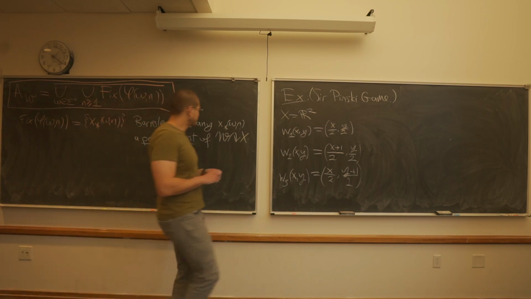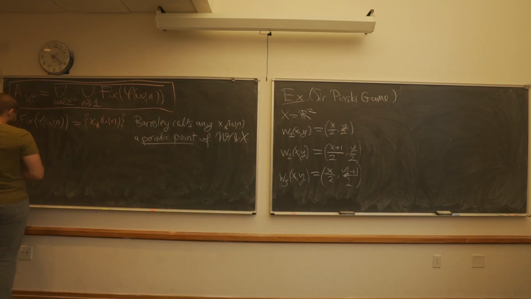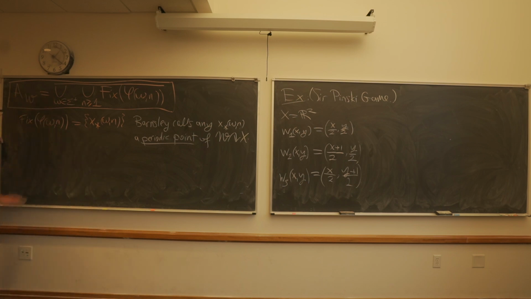Okay, welcome back. Let's continue. So here I wrote this again. For any omega and n, phi of omega comma n is a contraction of X, the complete metric space. By the Banach contraction principle, it has a unique fixed point. You have other estimates, but this is sufficient for now. Recall that this was something that we used last time as well.